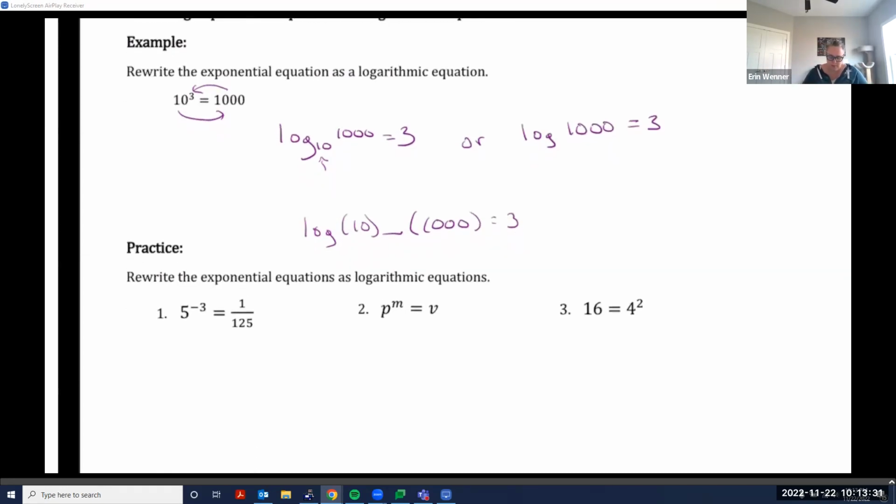So if we were to do number 1, we're going to do log, and now the base is 5, of 1/125 equals -3. So I want you to try number 2 and send me your answer in a direct message.